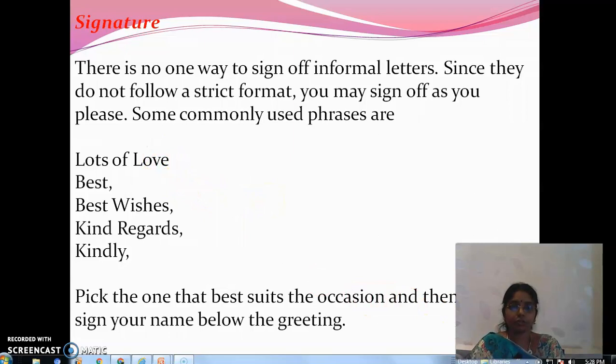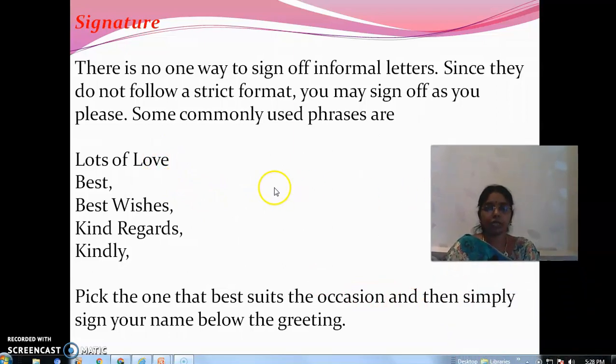Next is the signature. After concluding, there is a way to sign off. Since these letters do not follow any strict format or rule, you can write any phrase.